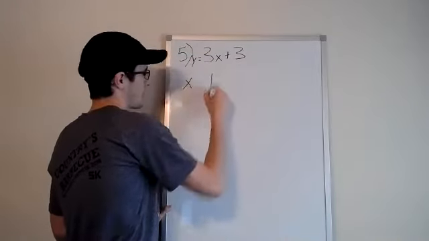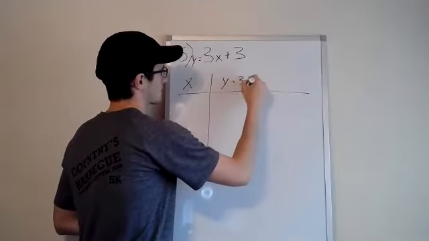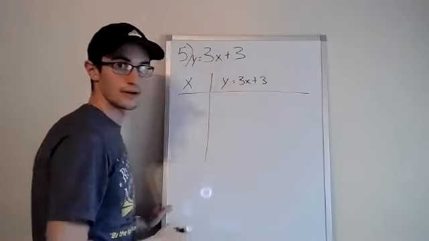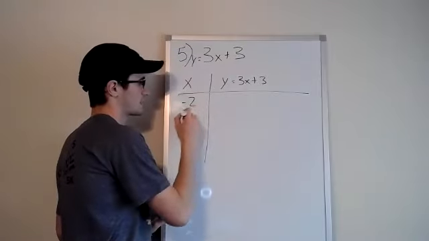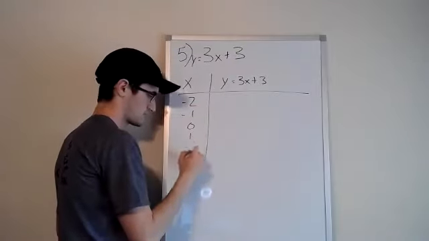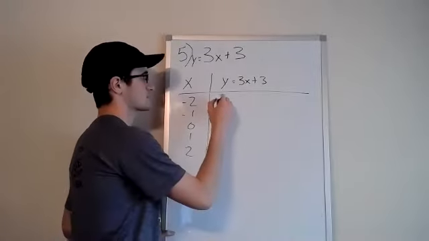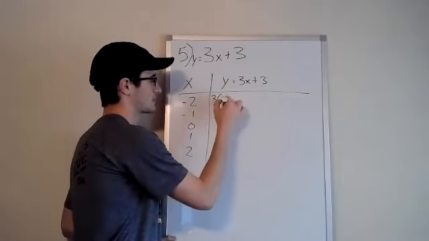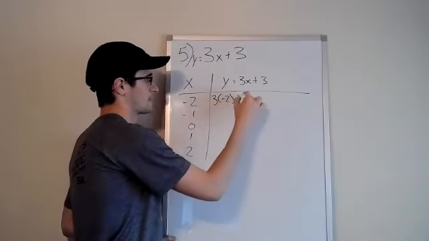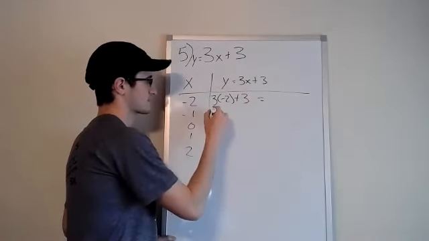So what you'll do in all these blanks is draw your xy chart. Okay. We have negative, and you can just do -2, -1, 0, 1, 2. And what I would do actually is kind of follow the slow process by going 3 times -2 plus 3, right? Writing all that out and then solving it just makes things a little cleaner.